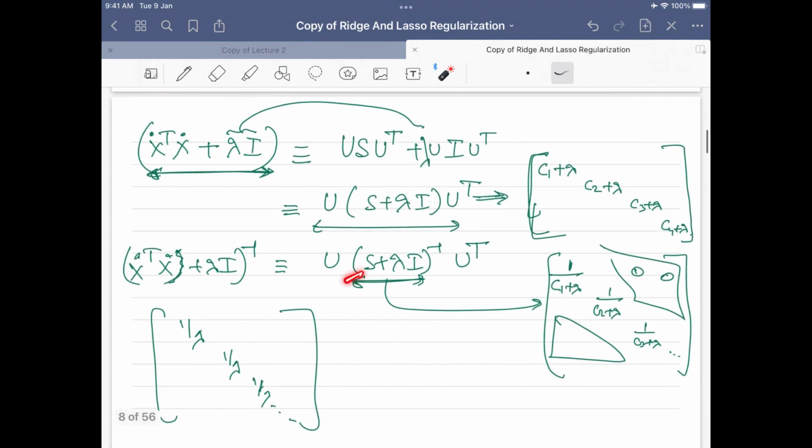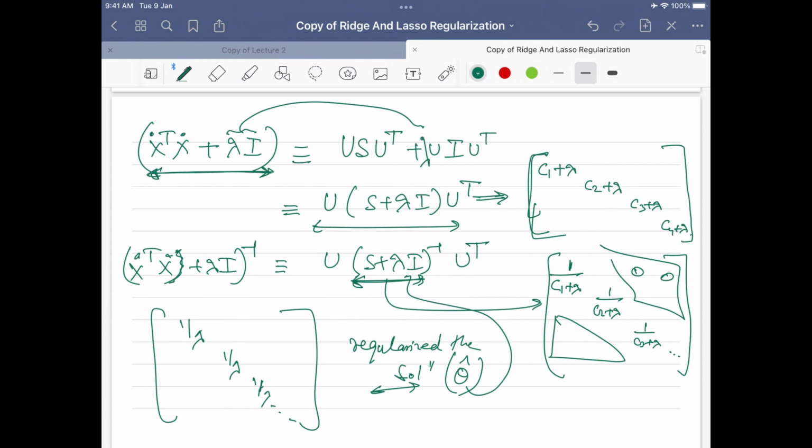So with the inclusion of lambda I, we have regularized the solution theta hat, using lambda as the parameter, which will help us in giving you better estimates of theta. So this is basically the concept of regularization in machine learning.